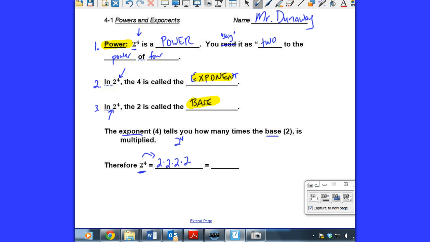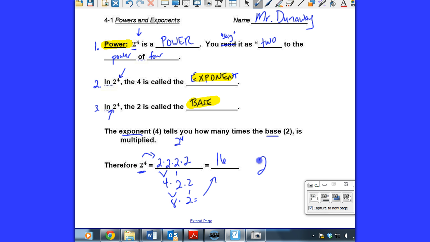If we were going to figure that out, we could put it in a calculator or we could work it out. 2 times 2 is 4, times this 2 is 8, and 8 times 2 is 16.